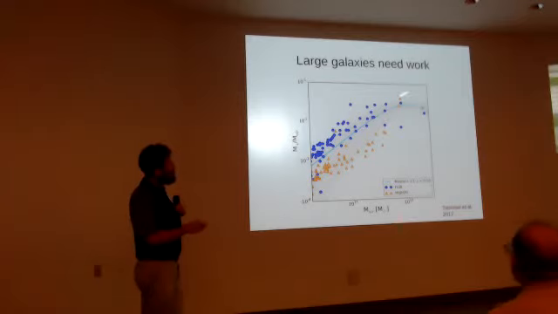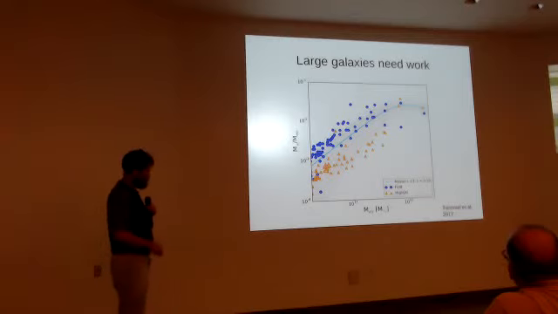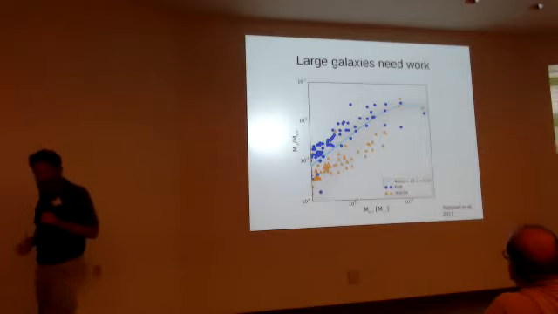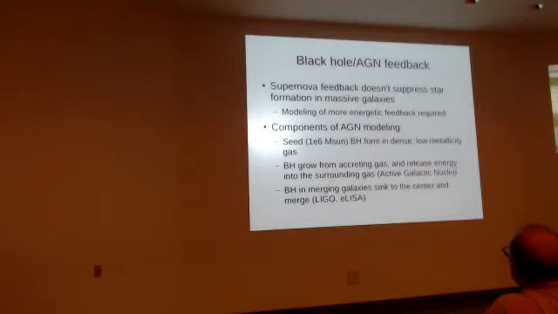And basically, as we try to match these halos of 10^12 solar masses or higher, we're forced to use such a strong feedback that we actually underproduce stars in lower mass halos. And so what we did, and what Michael did to improve this, is to introduce black hole and AGN feedback.